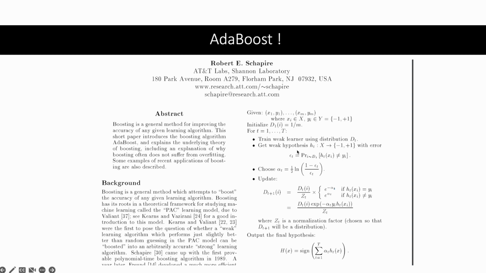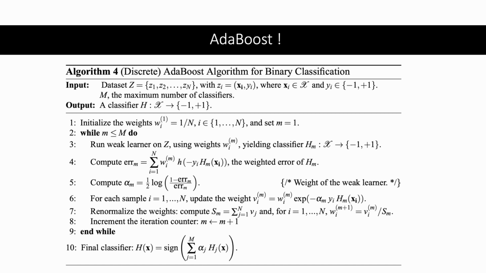It looks very mathematically challenging, but we'll try to break it down and see what each of the individual terms means. So here is that AdaBoost algorithm, right? It is very similar to that, not exactly the same, but very similar, right? And we'll try to break it down step by step and see what it is.